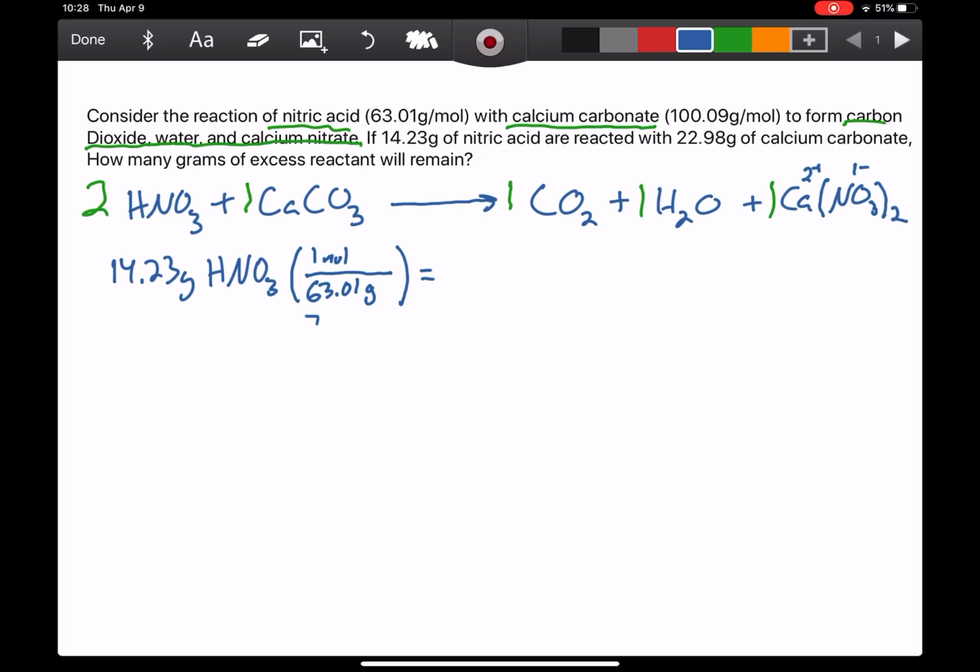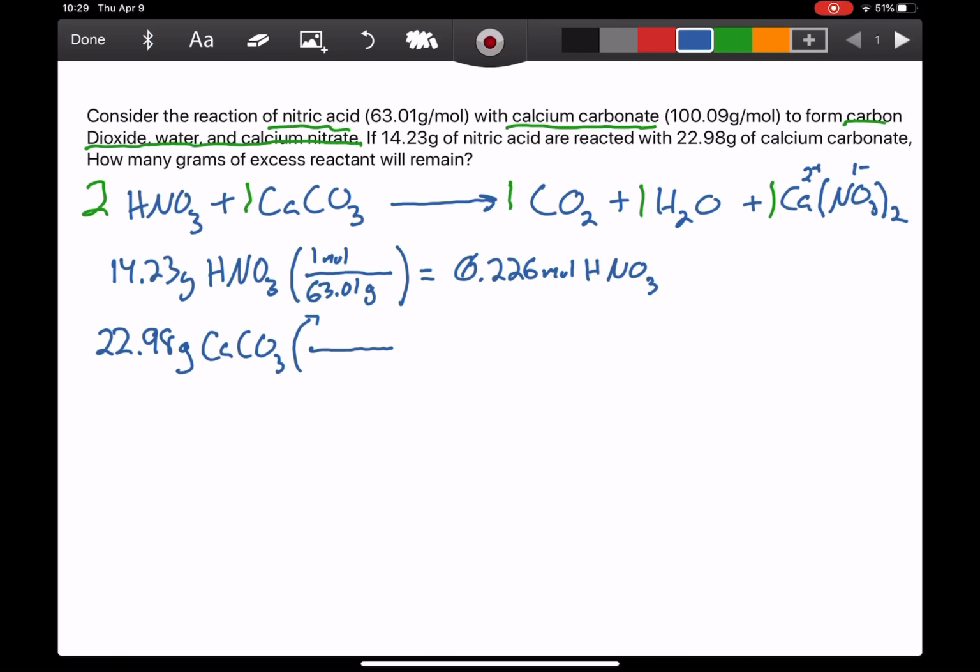Now when we take 14.23 and divide it by 63.01, we're going to find that we have 0.226 moles of HNO3.